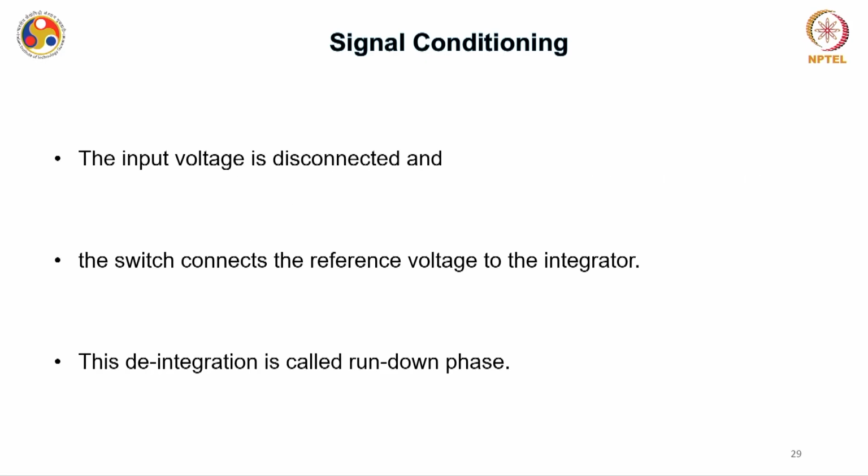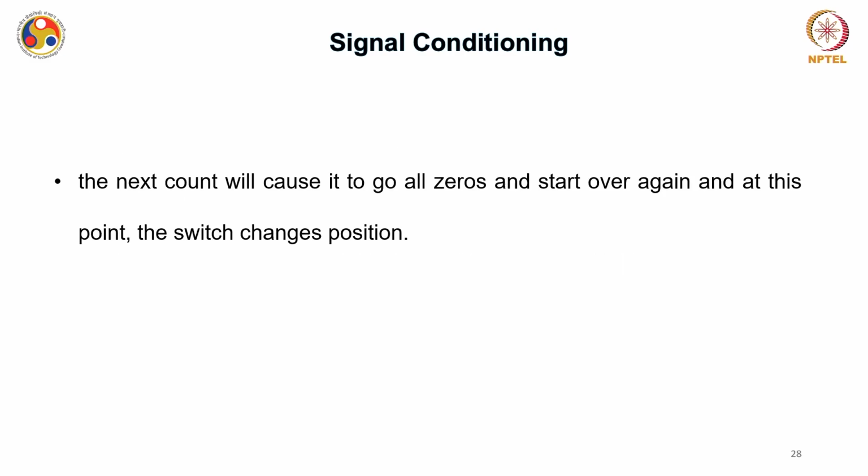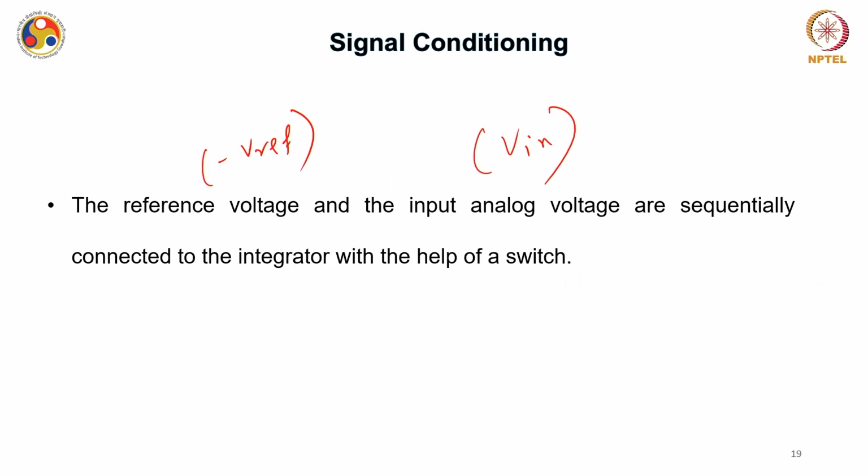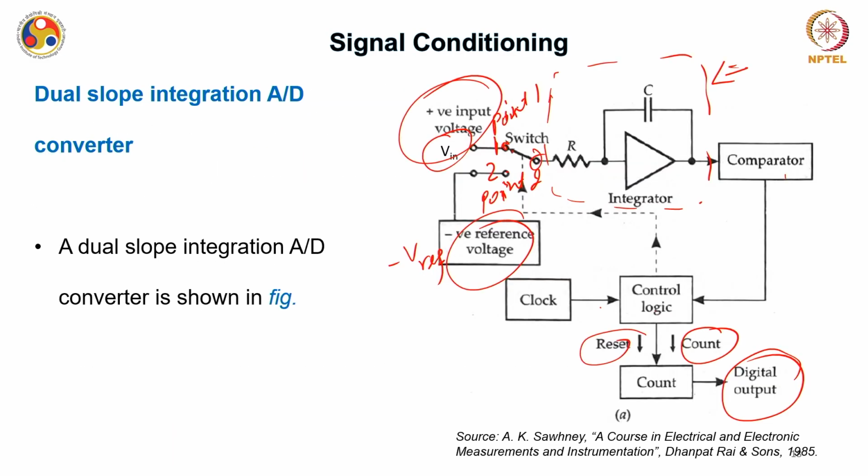The input voltage is disconnected and the switch connects the reference voltage to the integrator. We have seen from the schematic that the switch will move from the input voltage to point 2, which is the negative reference voltage point.